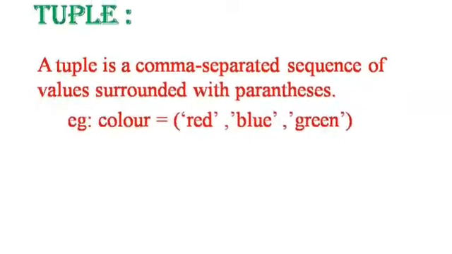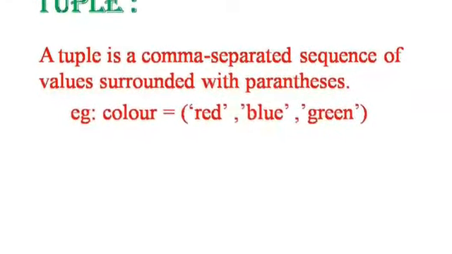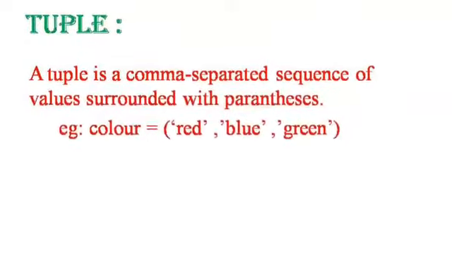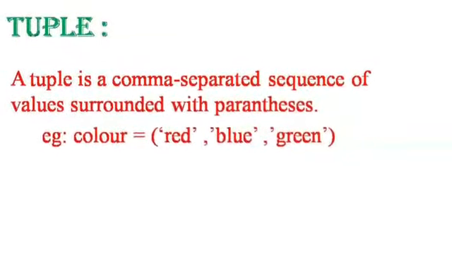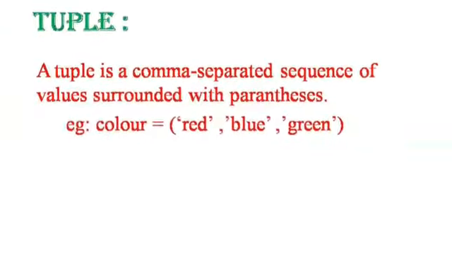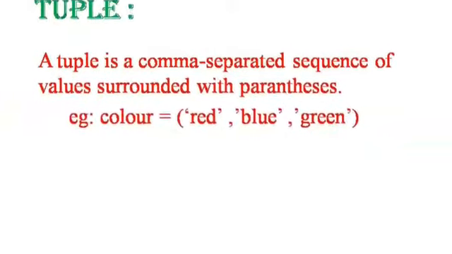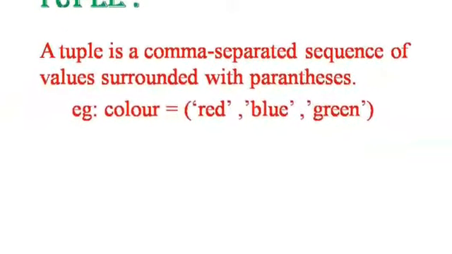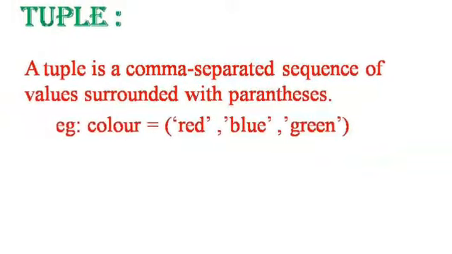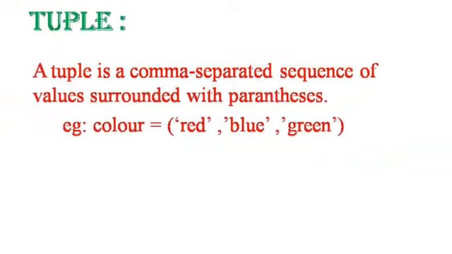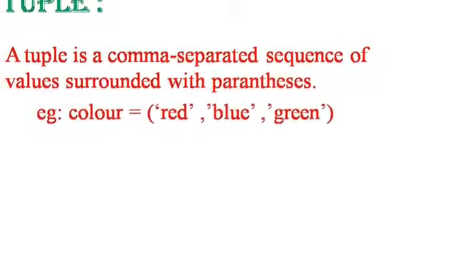In list we use square brackets separated by commas. A tuple is similar to a list. The main difference is that you cannot change the elements of a tuple once it is assigned, whereas in a list elements can be changed.